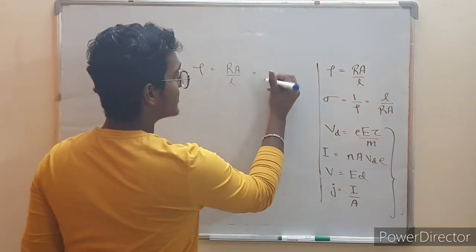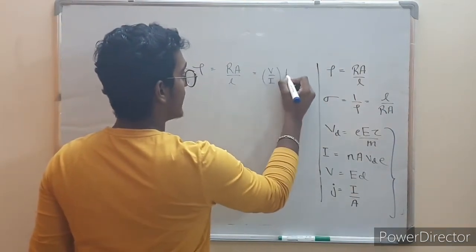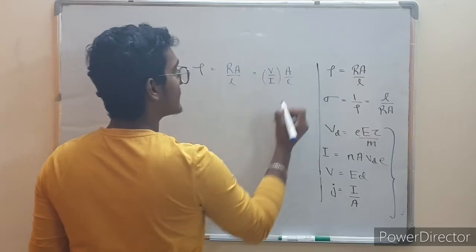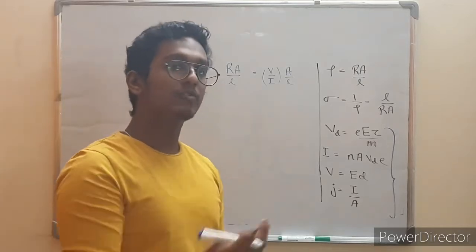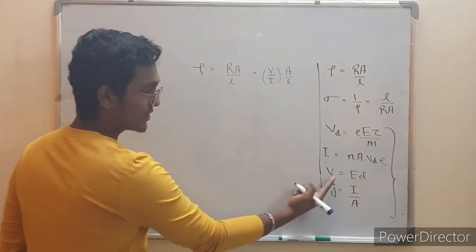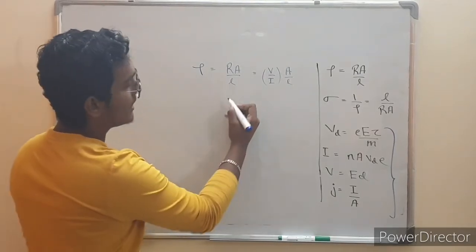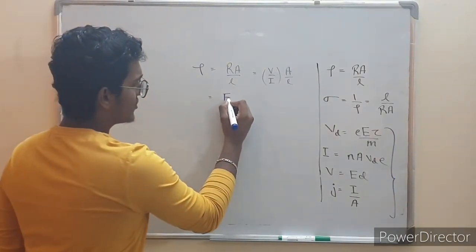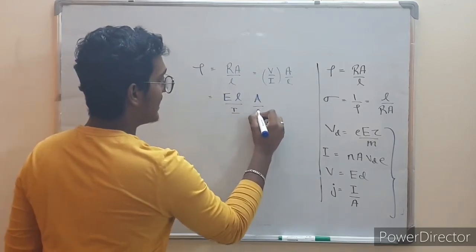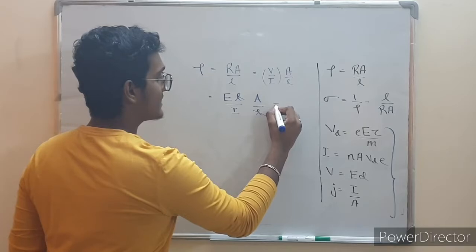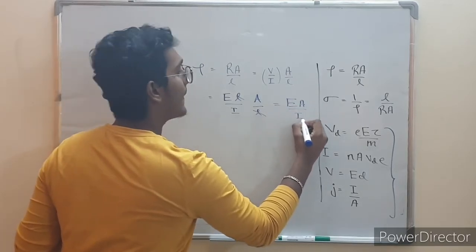So R becomes V divided by I, into A by L. Now we change voltage, which is potential difference, in terms of electric field using the relation V is equal to Ed, but in this case it's going to be E times L. So I change V to EL by I times A divided by L. L and L get cancelled and you have EA by I.